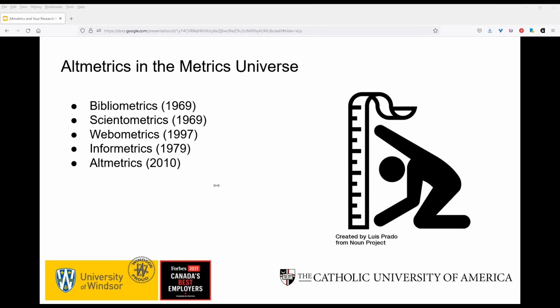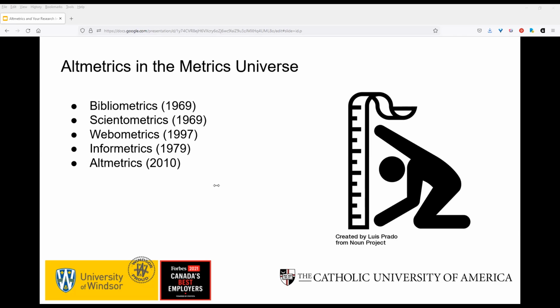And then if we flash forward to 1997, Almind and Ingwersen came up with the concept of webometrics, the measurement of the structure and use of the web. This was based originally on bibliometrics. The next concept, informetrics, is the study of the quantitative aspects of information in any form by any social group.